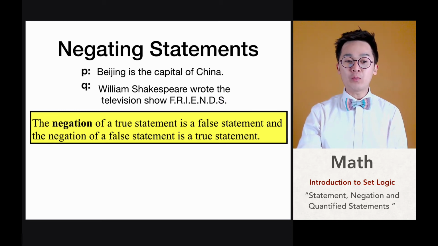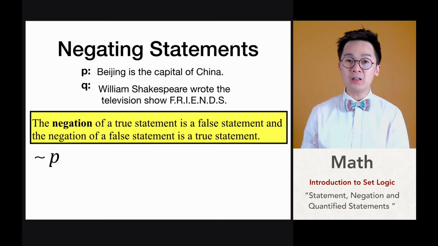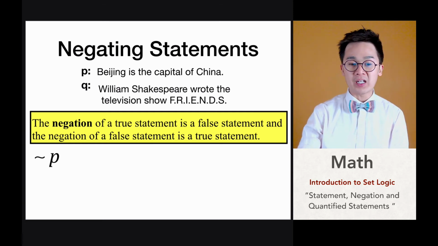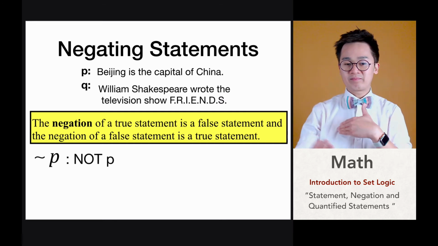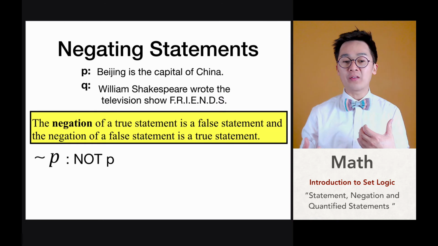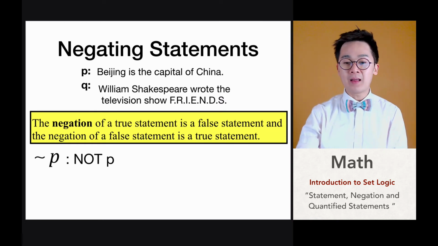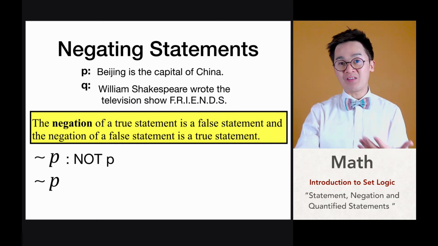So for example, we have statements P and Q. We can negate these statements using this symbol, and this symbol that you're seeing right now is the negation symbol that we use in logic. And if we use this to change your P statement into a not P statement, not P, or the negation of P, will have a different value or meaning.